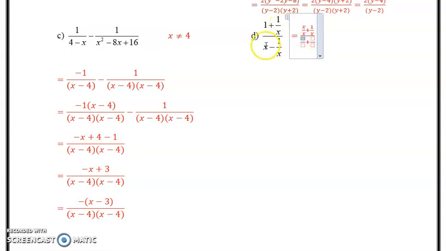Same with the denominator here, but this time it's actually going to be x squared, right? Because it's already x here, so that'll be x times x, which is going to be x squared. So it's x squared over x, and then it's minus 1 over x. Alright?